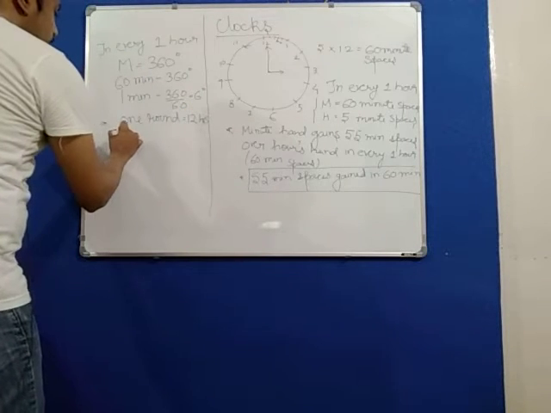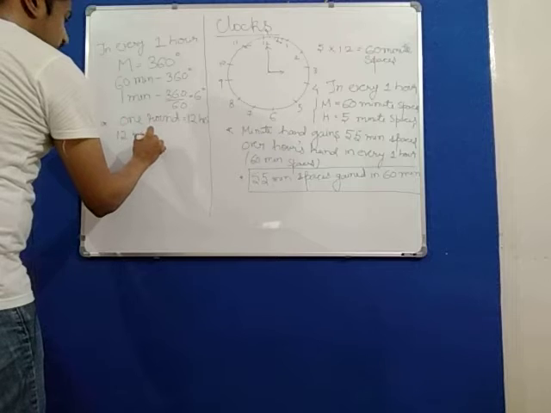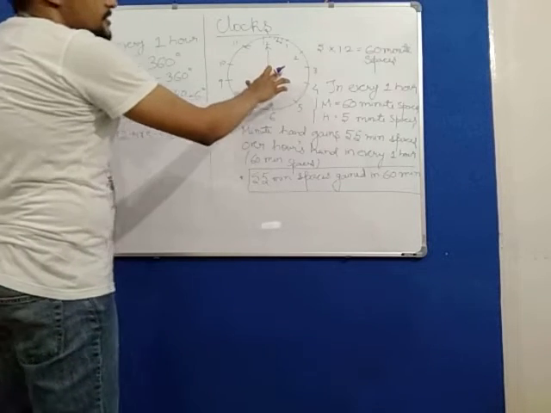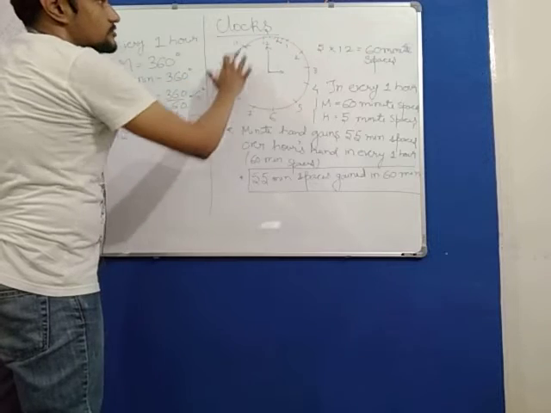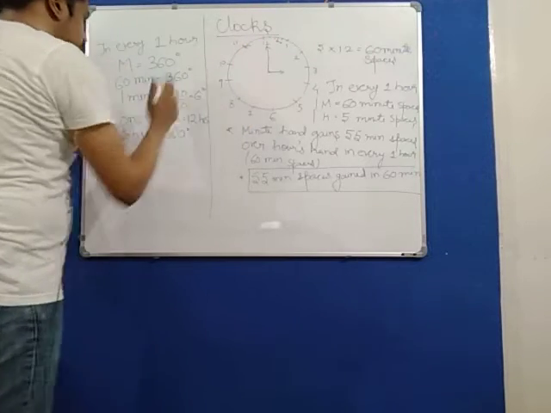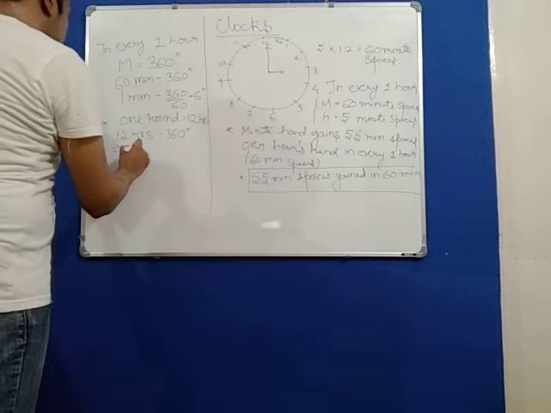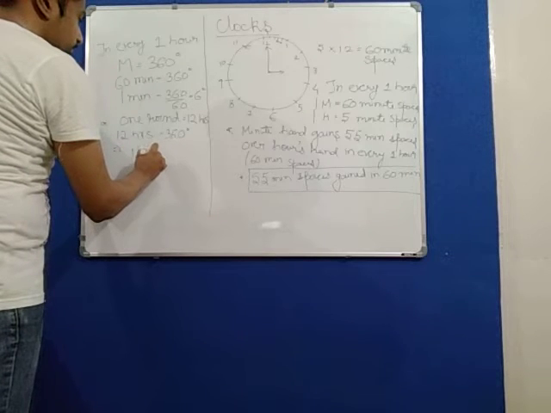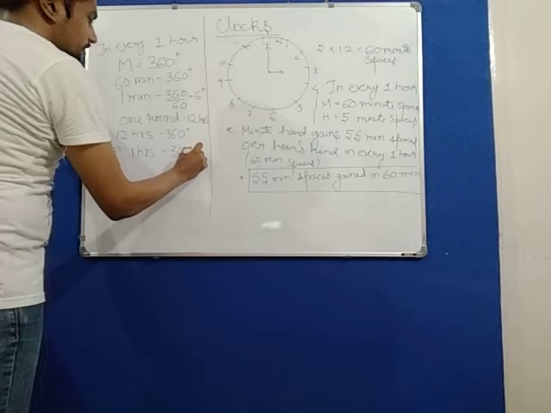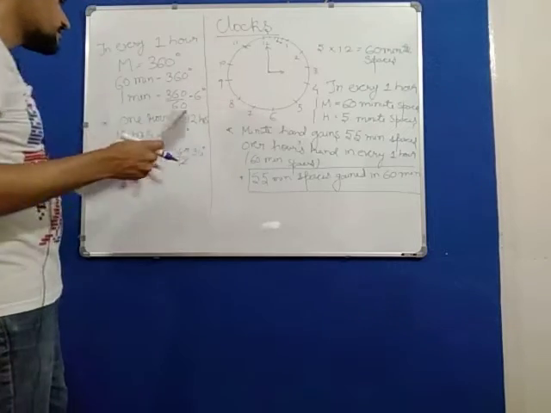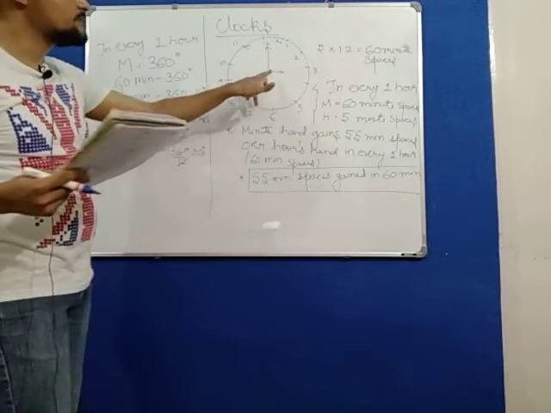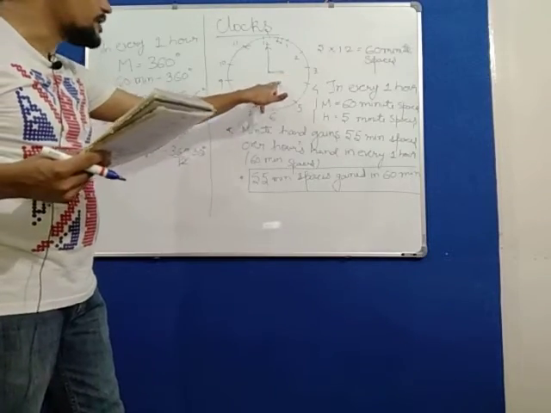That is, in 12 hours the hour hand will cover 360 degrees. So we can say that in 1 hour, 360 by 12, that is 30 degrees, will be covered by the hour hand every 1 hour.